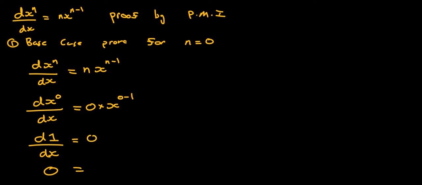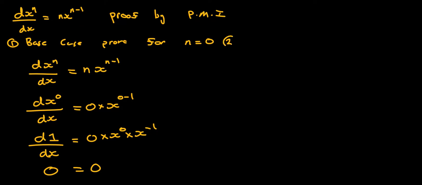So that is 0 multiplied by x to the negative 1. And anything multiplied by 0 is 0. So we proved the base case.